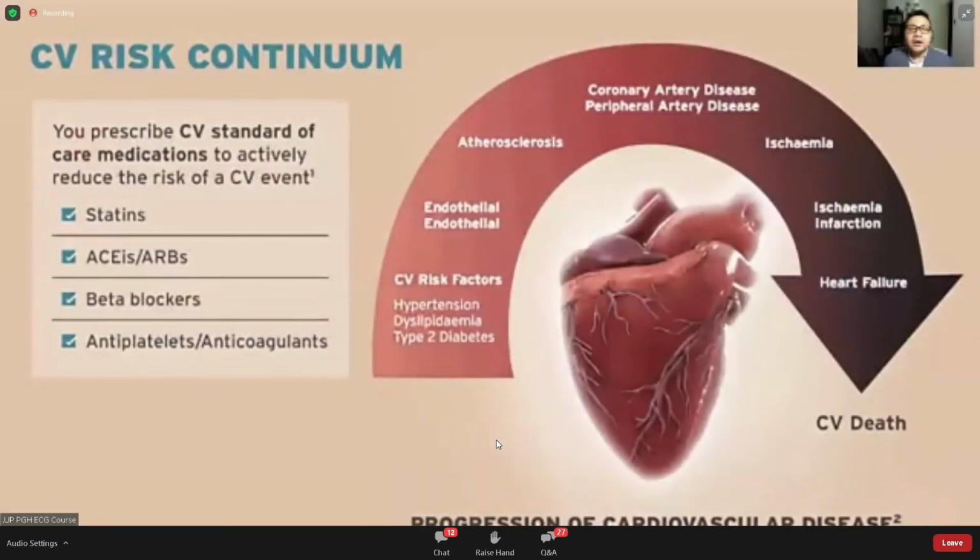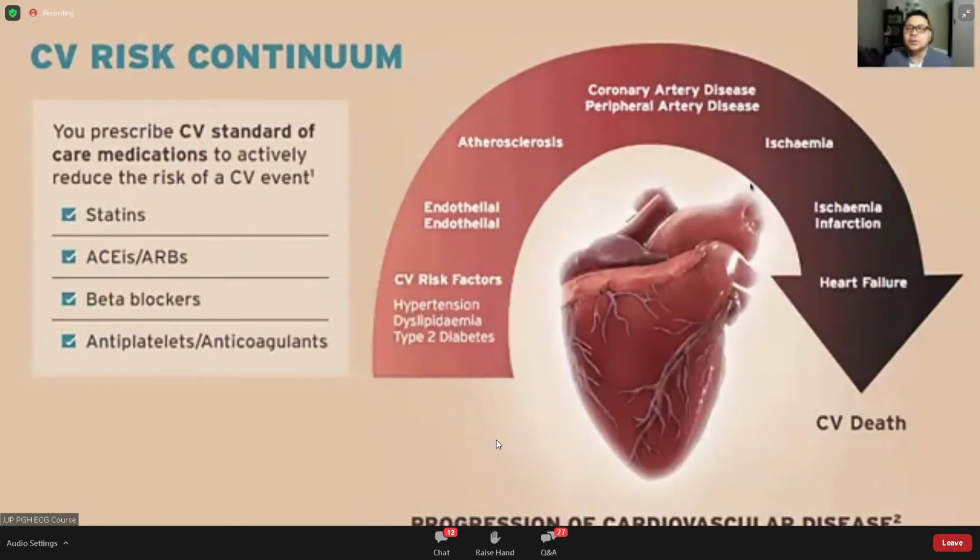With that, I would like to reiterate to start these high or very high risk diabetic patients on background treatment of statins or your RAS blockers, beta blockers, and antiplatelet or anticoagulants as indicated to prevent progression of cardiovascular disease.